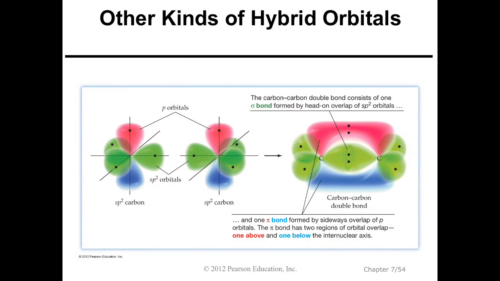An sp2 hybrid has the shape of trigonal planar. For instance, if you have a carbon that will form a double bond with another carbon, let's look at this structure.